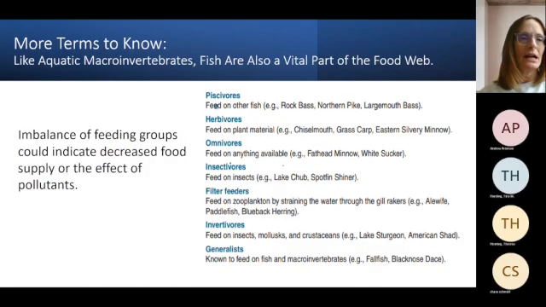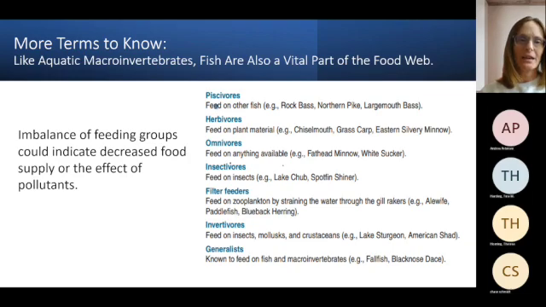And lastly, when we're looking at fish, they are part of the food web also. Many fish are predators. They have lots of different feeding types, as do macroinvertebrates. I didn't go into the feeding groups of aquatic macroinvertebrates. That's something you might want to look at at a later date. But for fish, there are piscivores, which are fish that eat other fish. Herbivores, I'm sure you've heard of that. Those are fish or animals that feed on plant material.